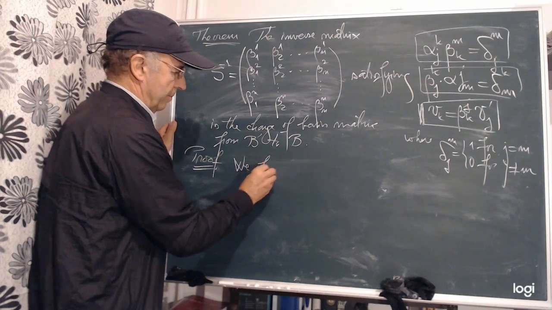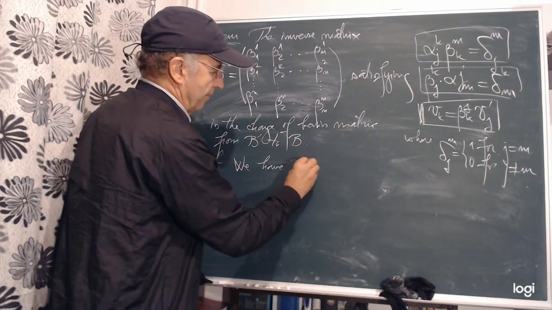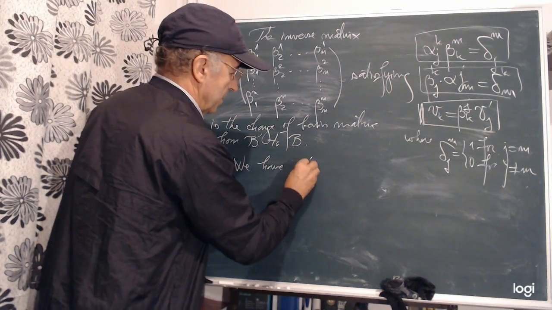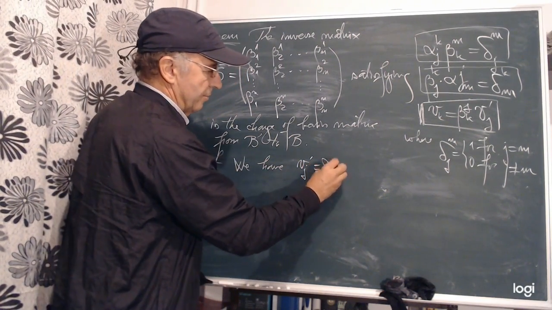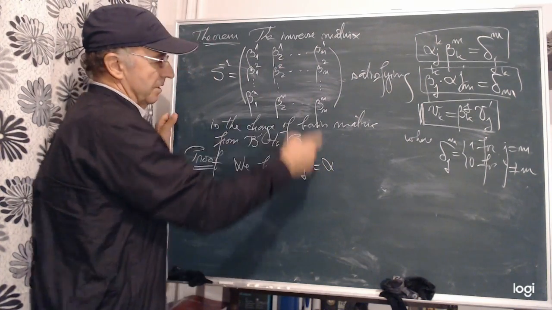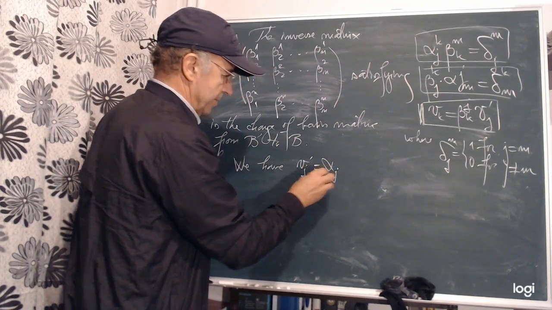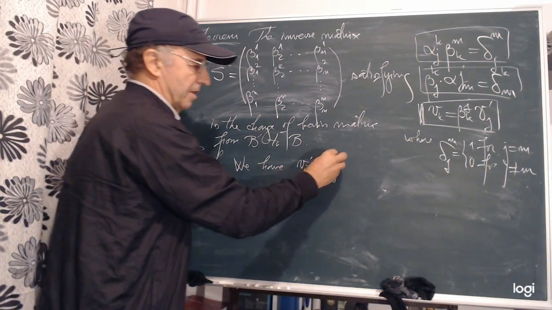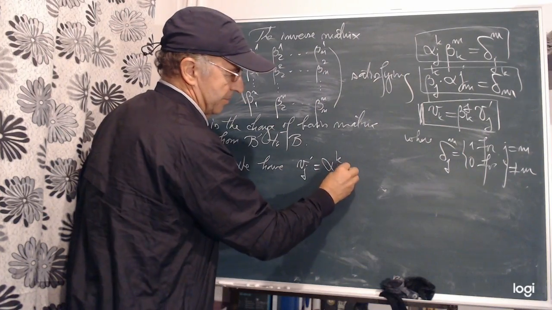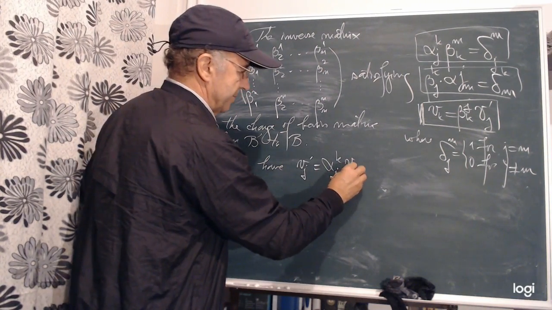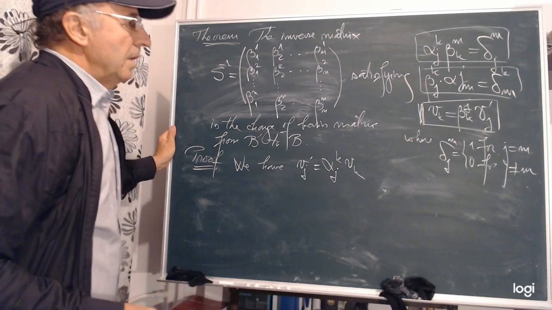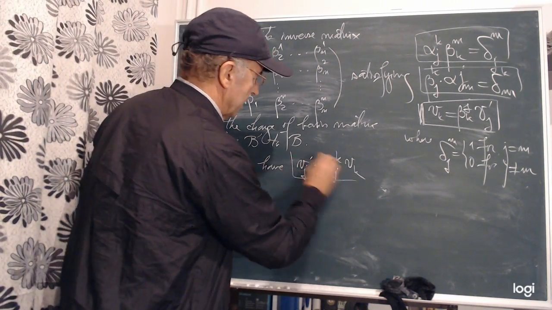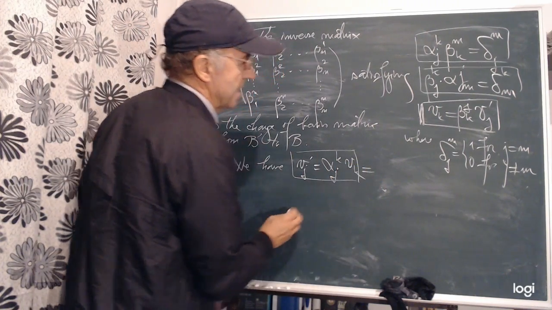We have v prime j equals, we have introduced alpha as the coefficients of the expansion of the vectors of the new basis in terms of the old basis. Now we can continue here.